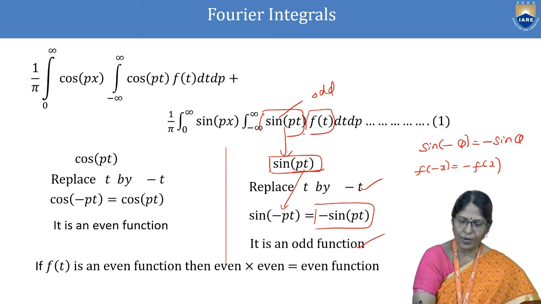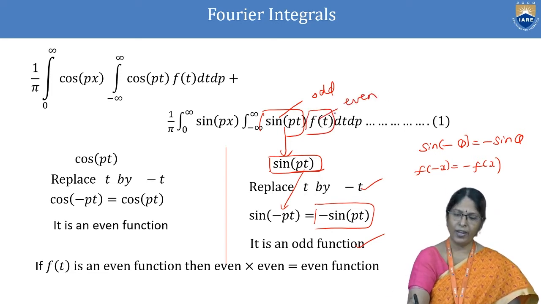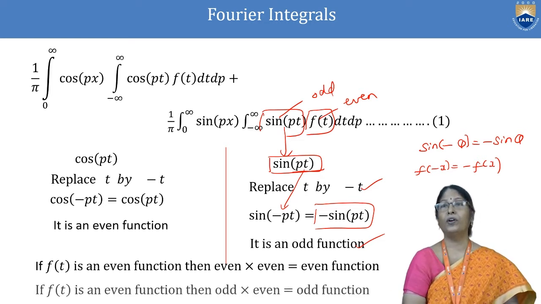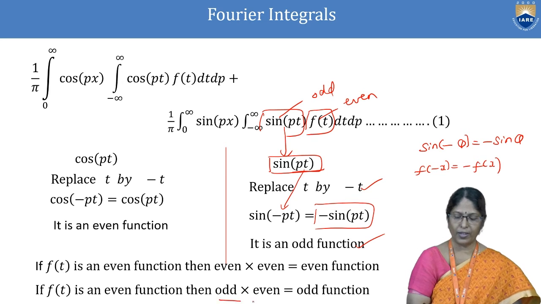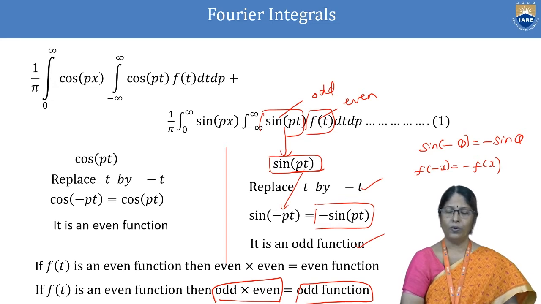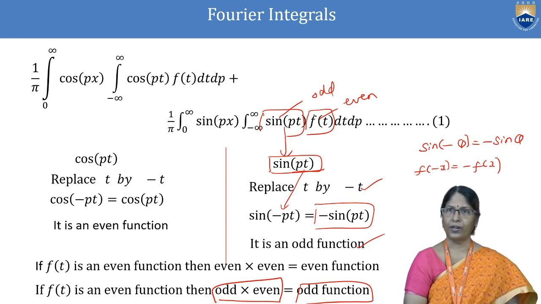This f of t is an even function. Odd into even function is nothing but an odd function. Now, it is an odd function.